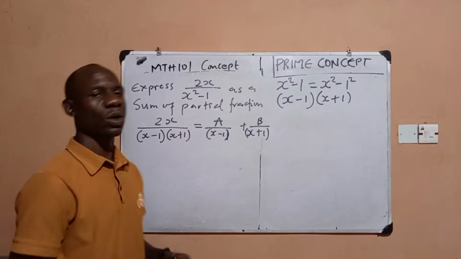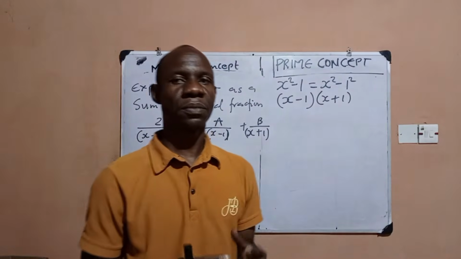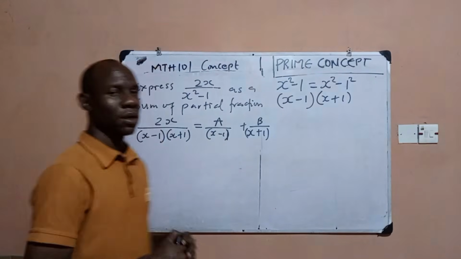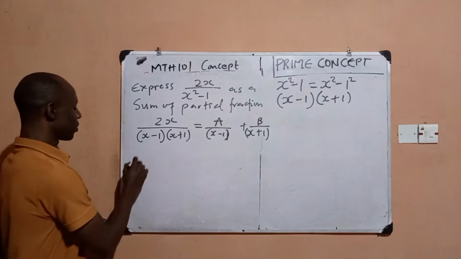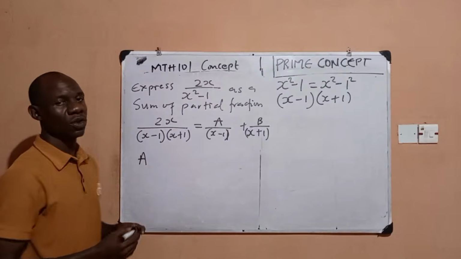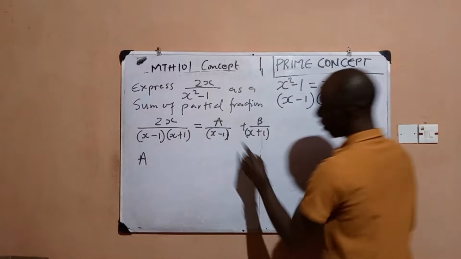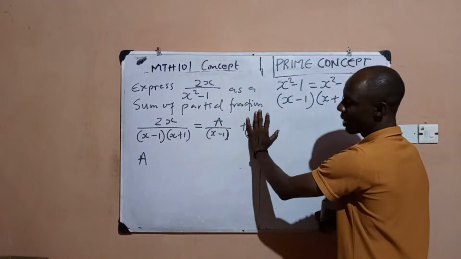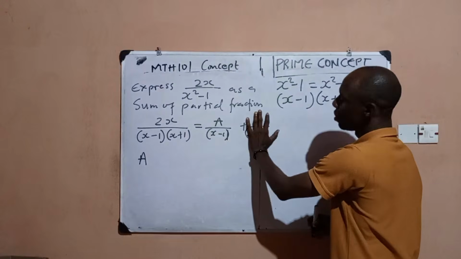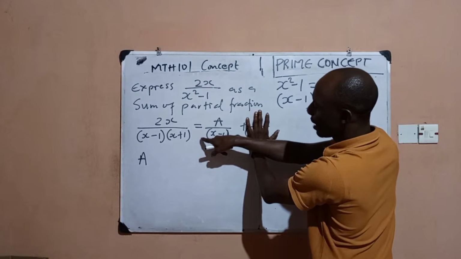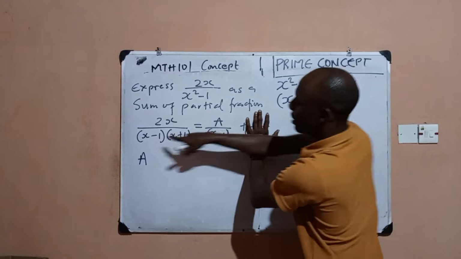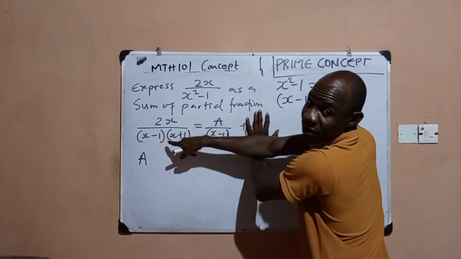Now I'm going to use what we call the cover up method. Watch and observe very carefully. If I want to find A, I'm going to cover B. Can you see B again? No, it means B is no longer existent. Now, since I want to find A, x minus 1 is going to cancel x minus 1.